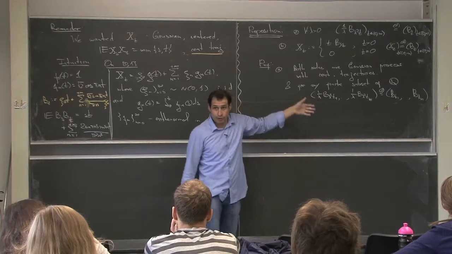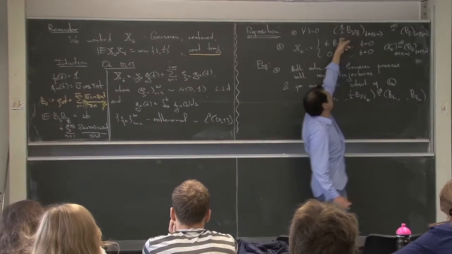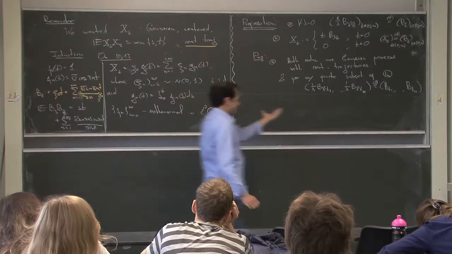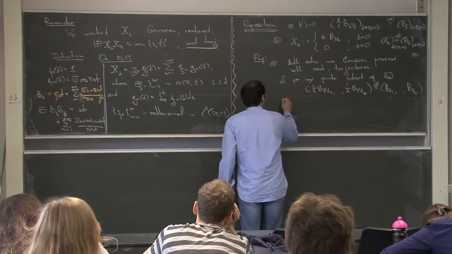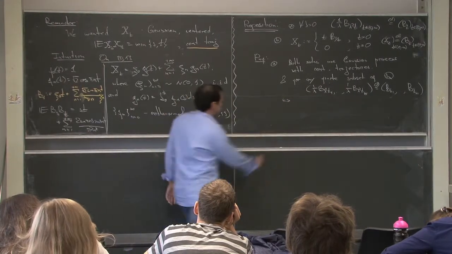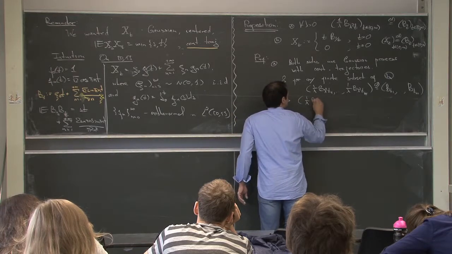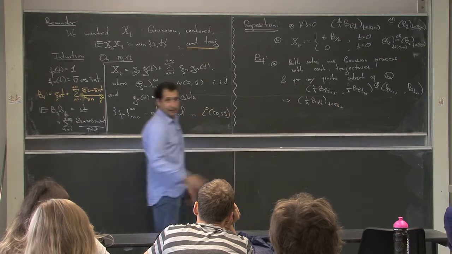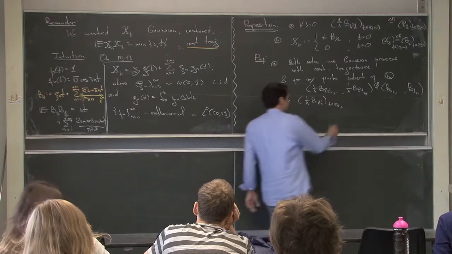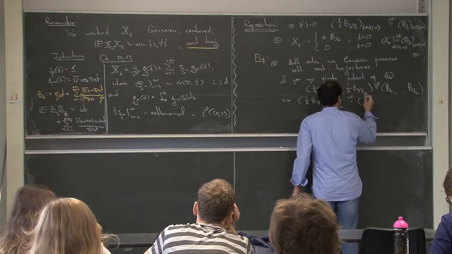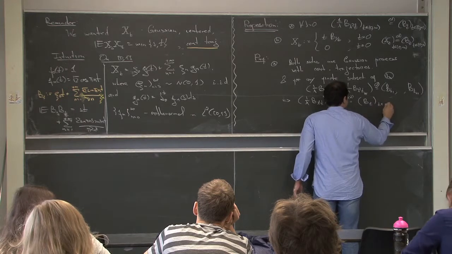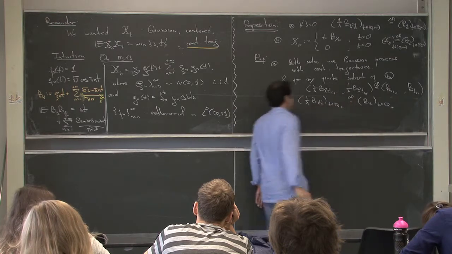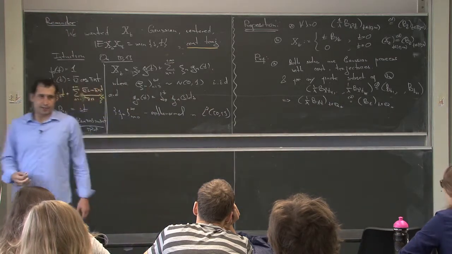And it is scaled in the correct way. So I have here lambda squared, but then there is 1 over lambda squared, because this is the variance, right? So they're just the same Gaussian vectors. And because of that, I can say that if I consider only rational times, then this is again the same distribution. This is called Kolmogorov's extension theorem.